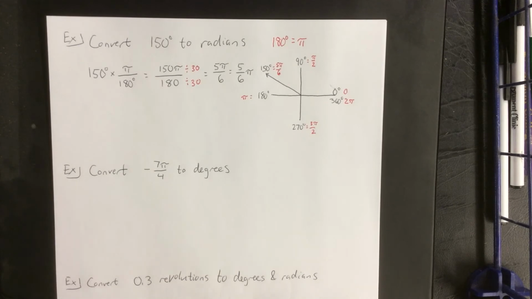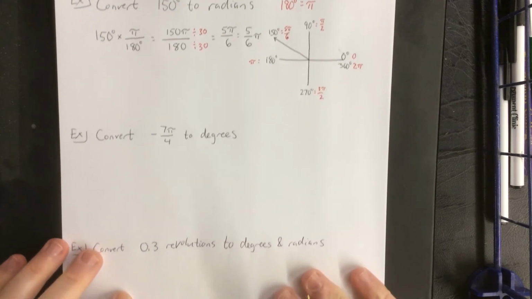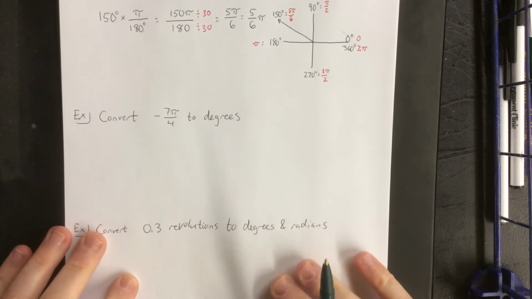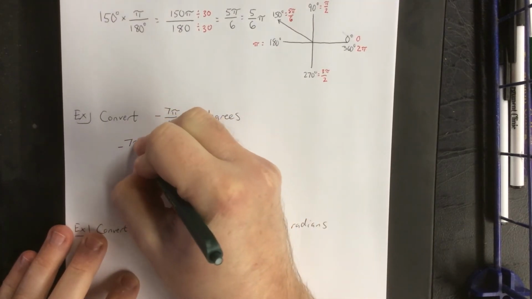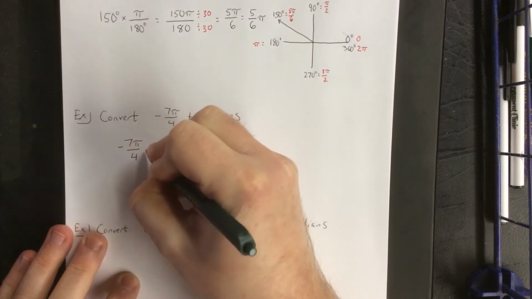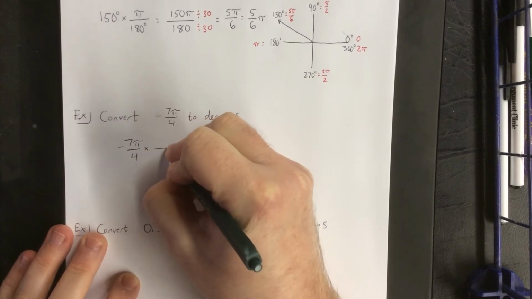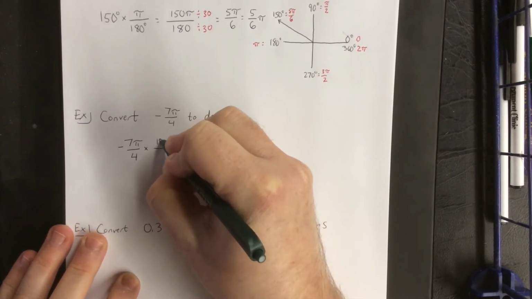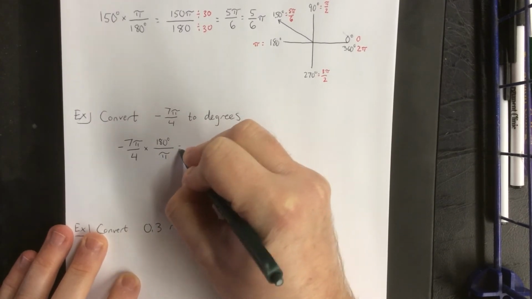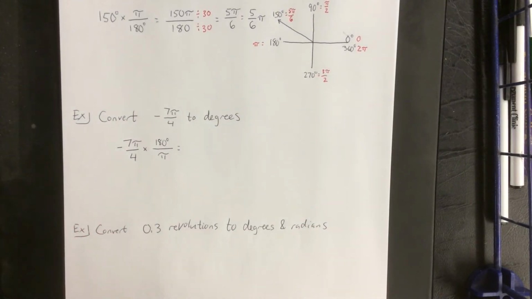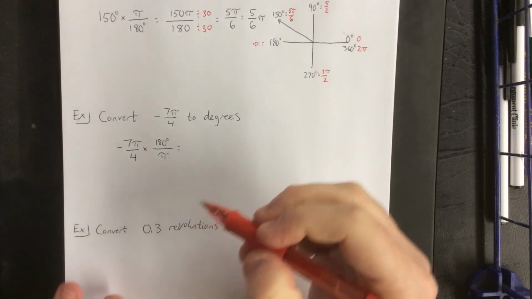Now for the next example, we're going to do something similar, but we're going to go backwards. We're going to go from radians into degrees. You'll notice, though, that this angle is given as having a negative measure. We are converting to degrees. We are converting from radians. Now with this in mind, I like to try to simplify this as much as possible before we turn it into one big fraction.